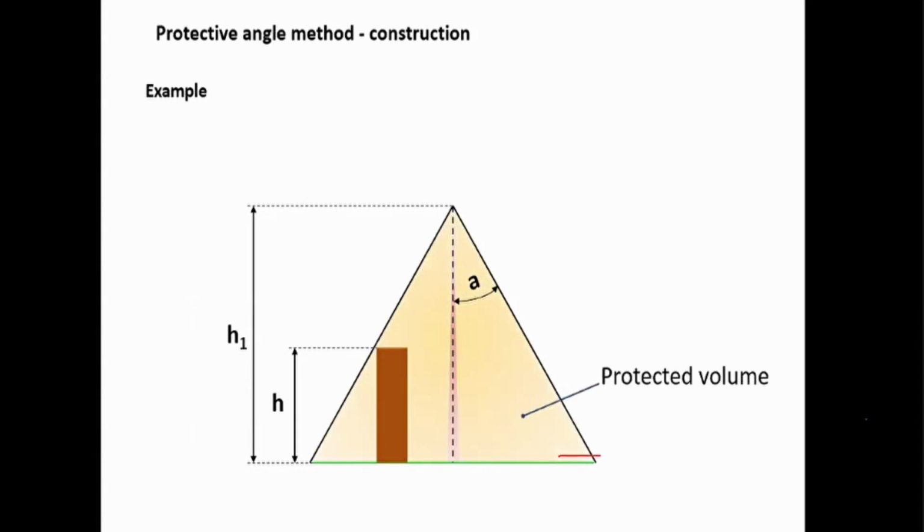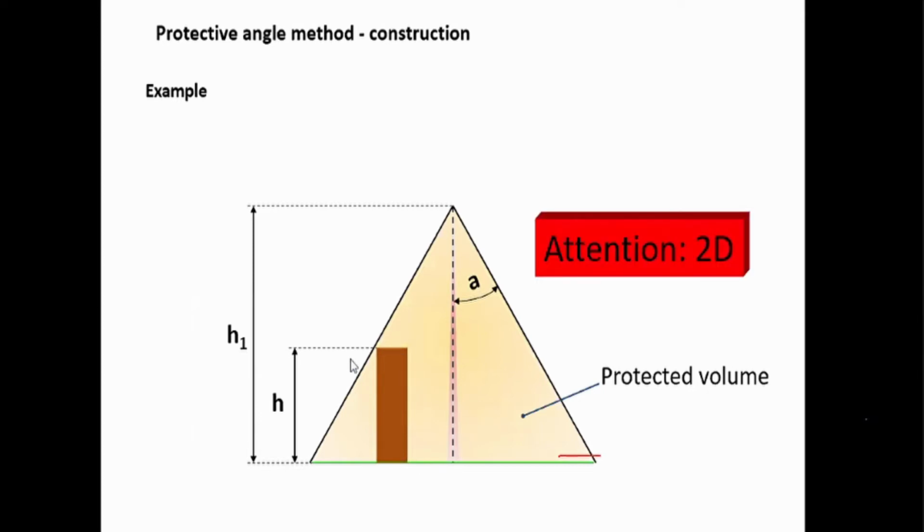Okay, so now you see the same thing I explained to you. If you want to protect something, this is a 2D diagram, so be careful. If it is 3D, then it is a solid angle, not just a simple angle.